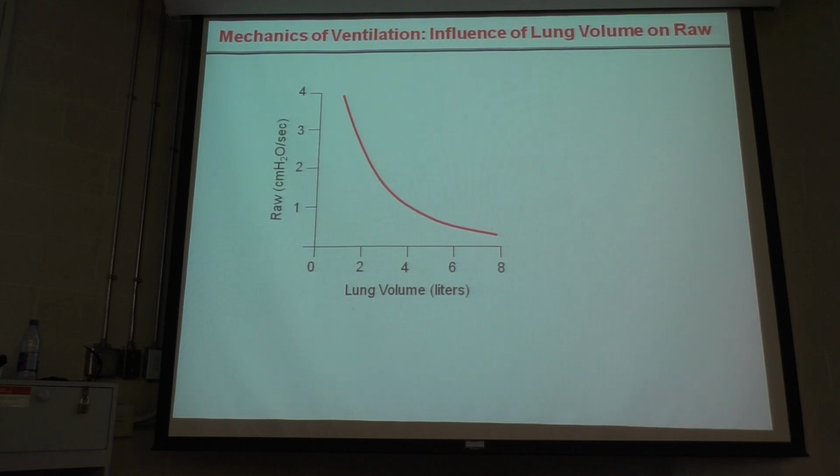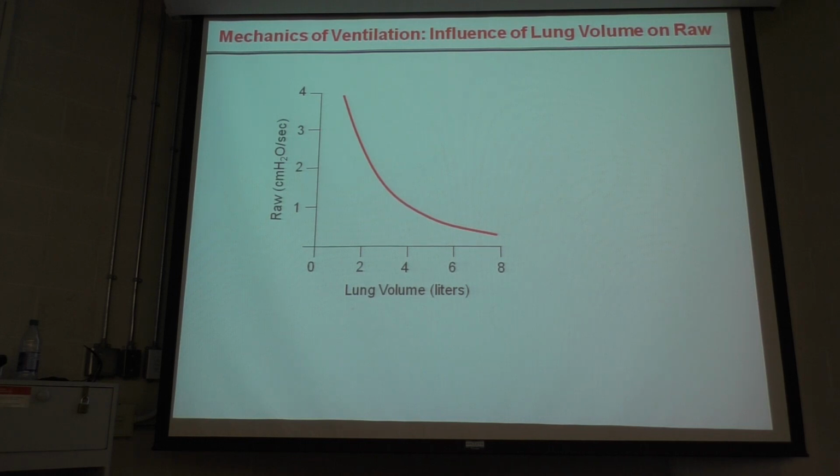As you begin to blow out, though, you lose that tethering effect, and now the airways begin to narrow. And so as you begin to blow all the way out to your residual volume, your airways basically become very puckered and tight, where the resistance becomes very high.